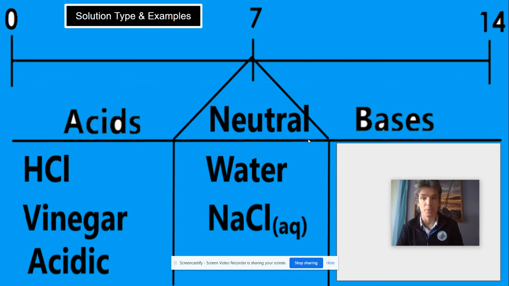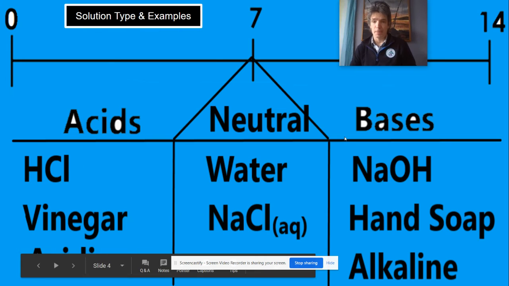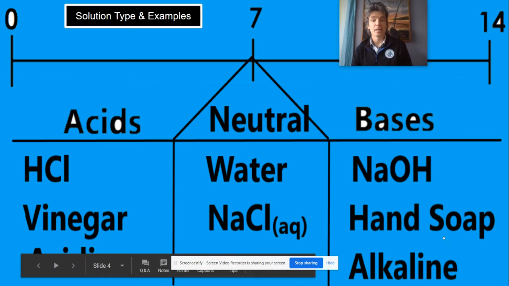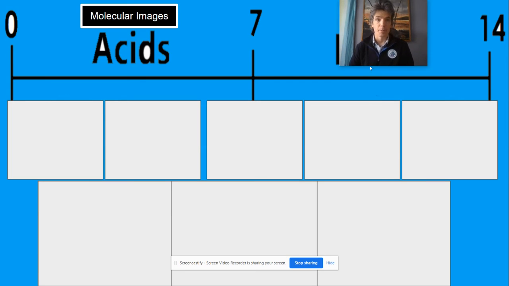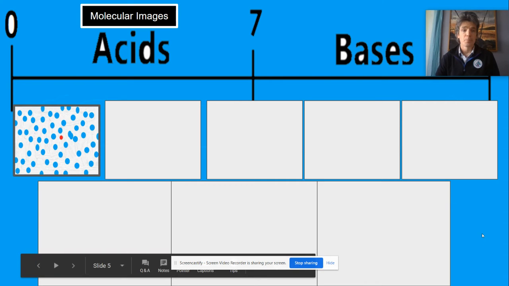Salt water doesn't have a pH. Bases have a pH greater than 7, and these are things like sodium hydroxide, hand soap, and they're often called alkaline solutions because they're made of hydroxide with group 1 or 2 elements, 1 being alkali, 2 being alkali earth. All right.